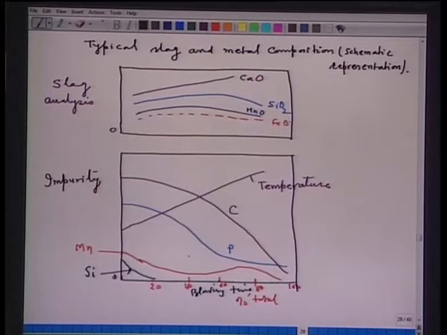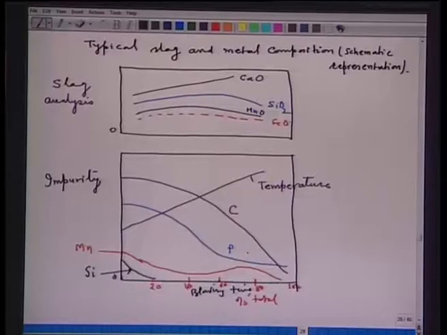As I have said earlier, both reactions go parallel and simultaneously, and that is the requirement of the converter steelmaking process, that both reactions can take place simultaneously, because we have made the slag limey or basic much earlier. Once the slag is of the right basicity, the right chemical composition, and at the right temperature, there is no reason why the phosphorus reaction should not occur.